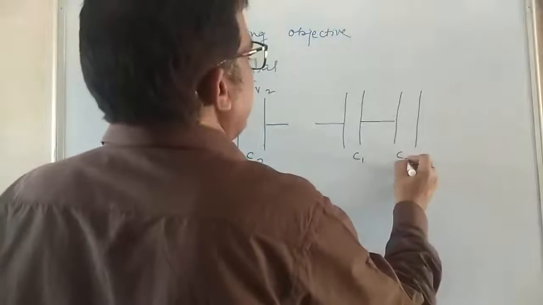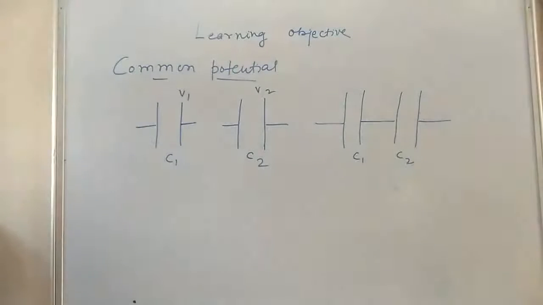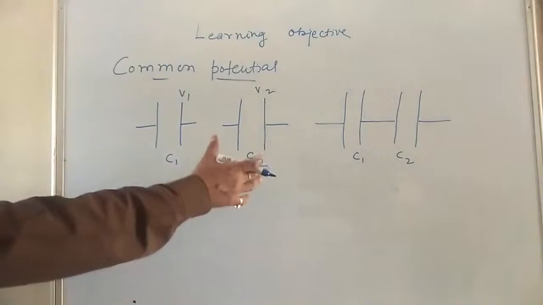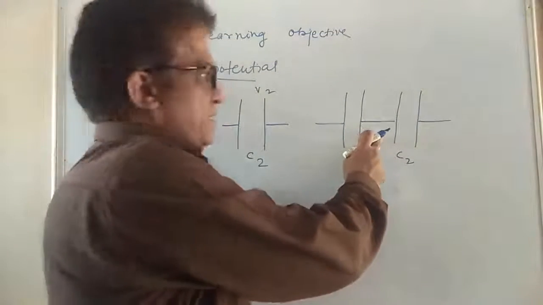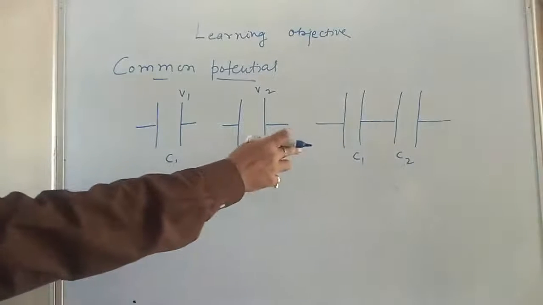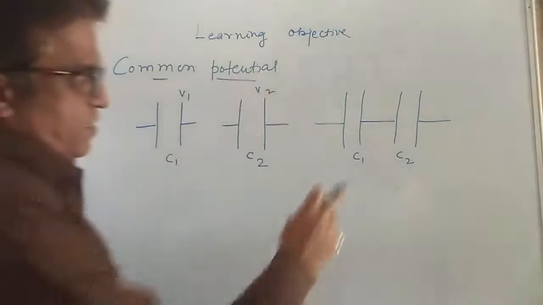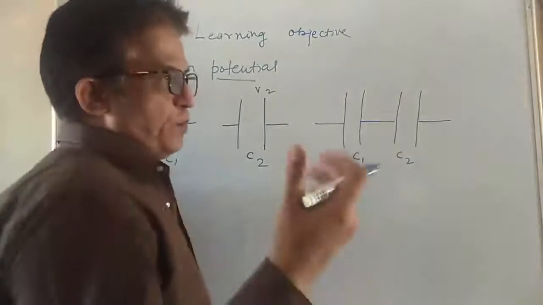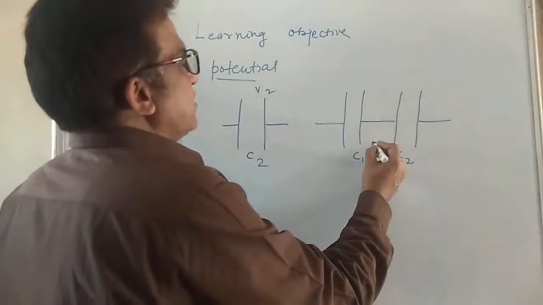What happened? When the two capacitors are connected by a conducting wire, charge flows from the one at higher potential to the other at lower potential till the potential of both the capacitors becomes the same.